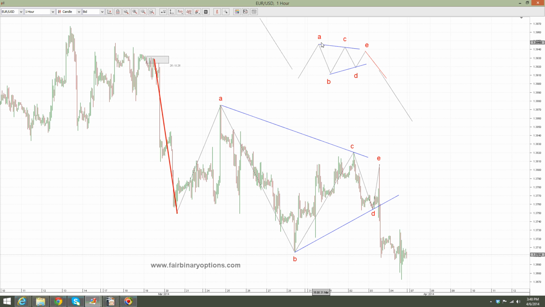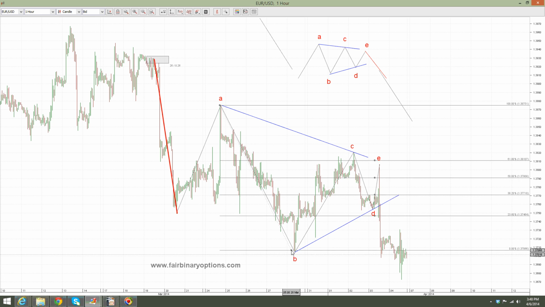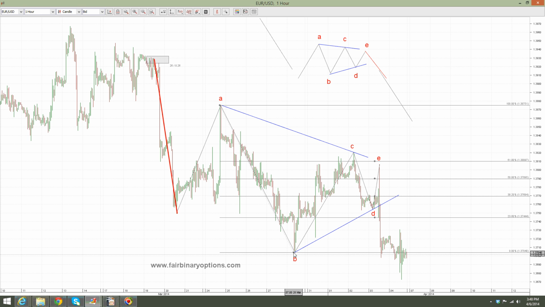In our scenario here, the longest wave is the B wave here. So all we have to do is to take a Fibonacci retracement from the highs to the lows here, then to take 75% and then project it by the moment that the E wave ended or the triangle ended. So from this moment of time we should project 75% to the downside.